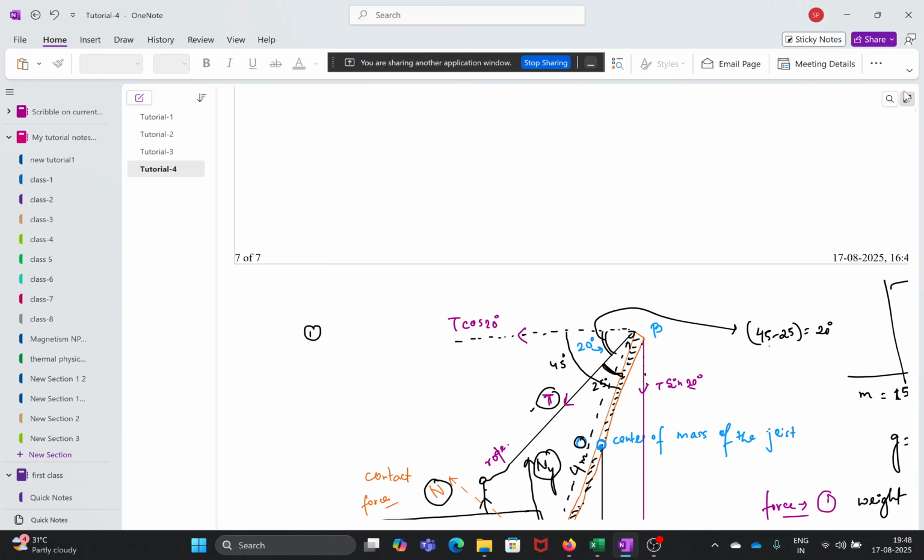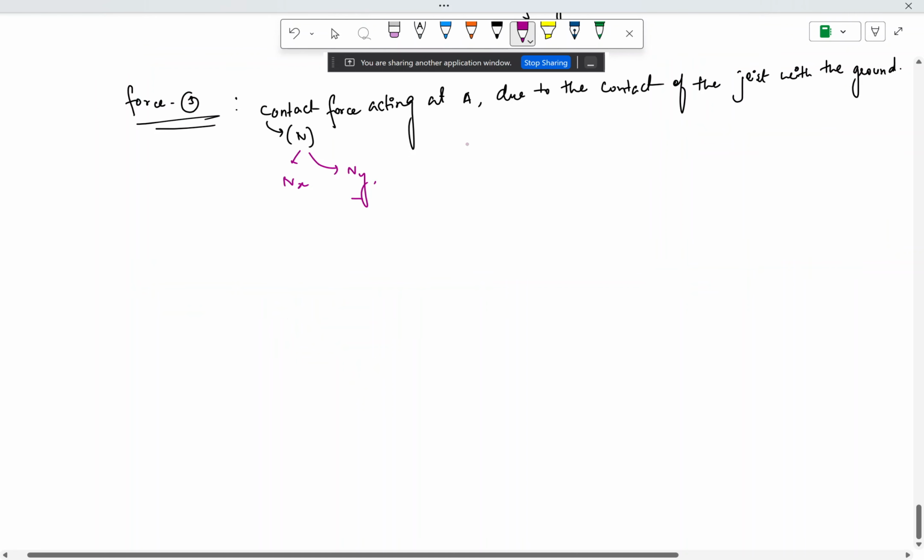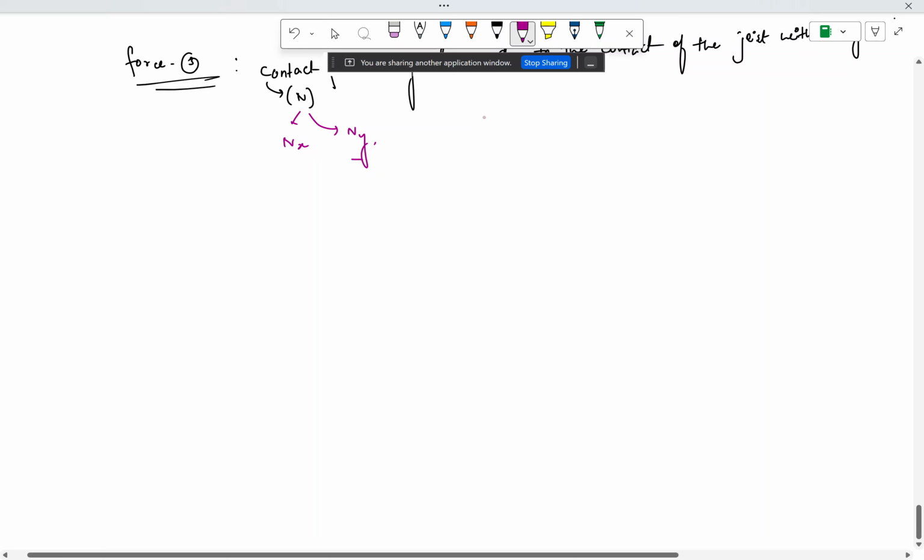Let us continue where we are. So this is nx and ny components that we have already defined. Now that everything is set, let us use the force balance and torque balance conditions, right?